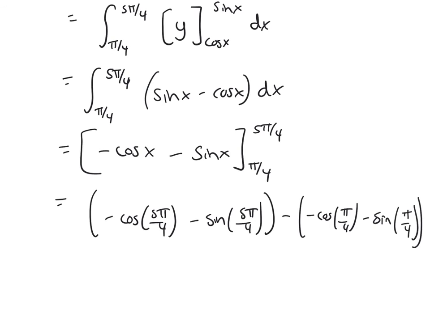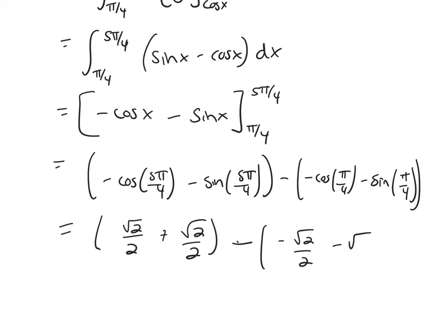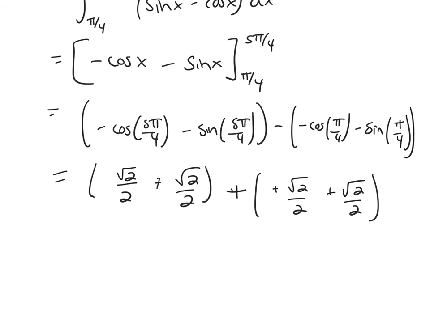You do have to know these values because they're on the unit circle. So this would be square root of 2 over 2 because it's negative, and a negative times a negative would be positive. Negative square root of 2 over 2. So I can distribute this minus. That'll make these positive. And so I have 4 of these. 4 times square root of 2 over 2, or 2 square roots of 2.